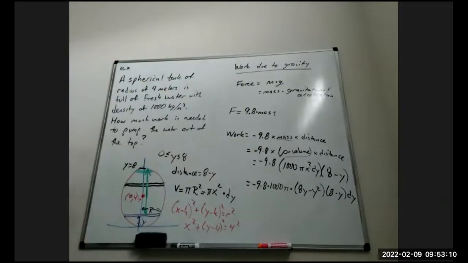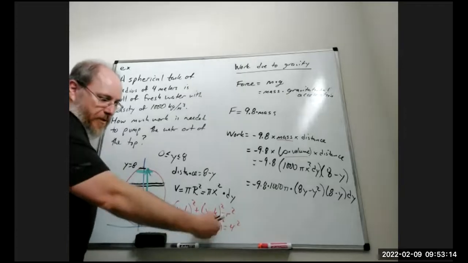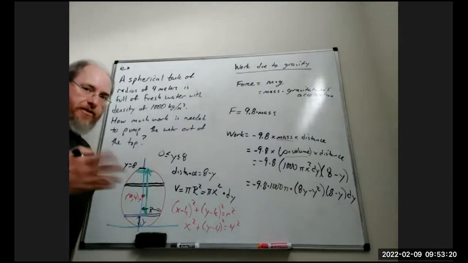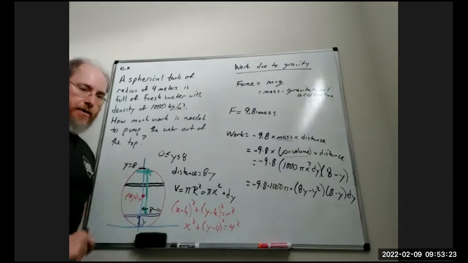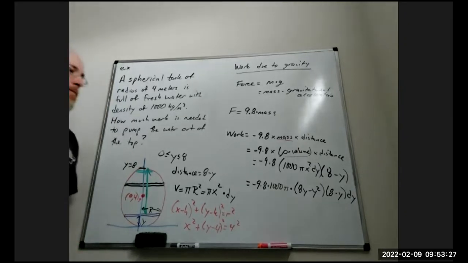You end up getting 8y minus y squared. If you distribute, move things over, group like terms, and so on, I want you just to trust me on this right now. You can do the algebra later.